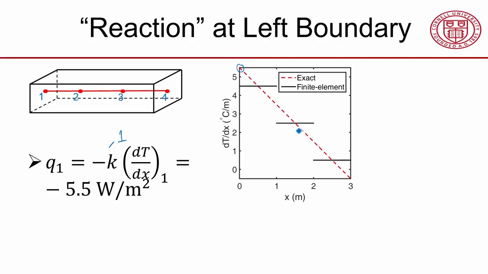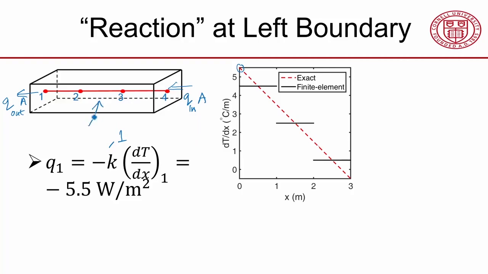The implication is that the reaction that I calculate matches, so it's getting Q out exactly right. And that times area is the amount of heat going out through there. The amount of heat going in is Q in times A, and that's specified.